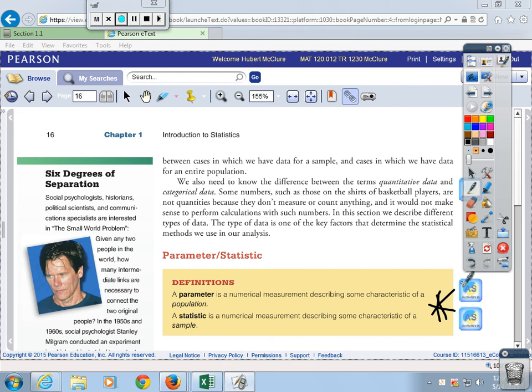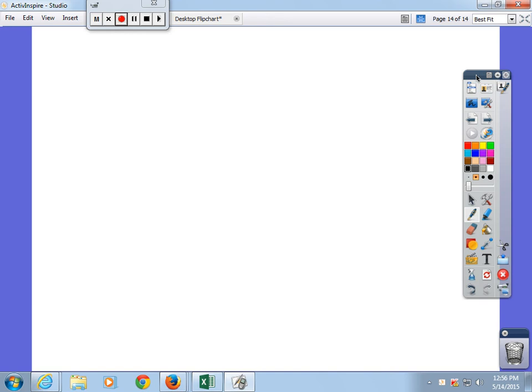The first definition, usually with a capital S, is when it is talking about the world of getting data, obtaining data, calculating data, interpreting data. If you see a lowercase s, that means a numerical measurement describing some characteristic of a sample. Let me show you what a sample and a parameter is.